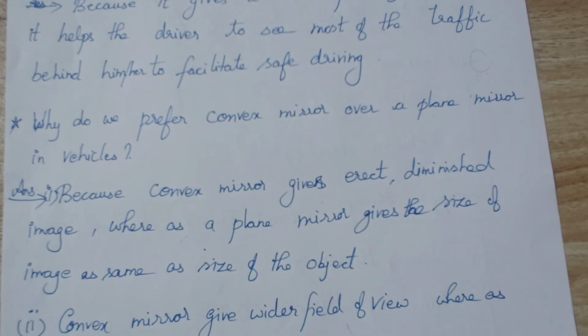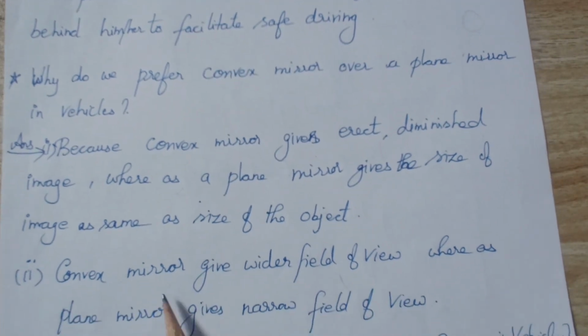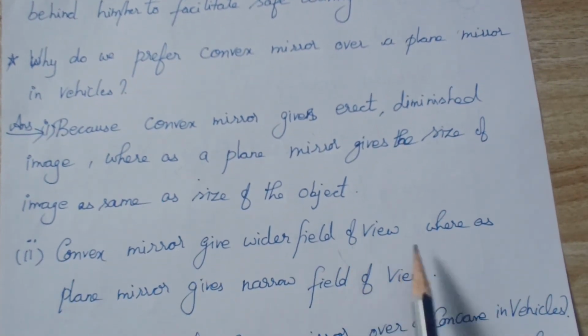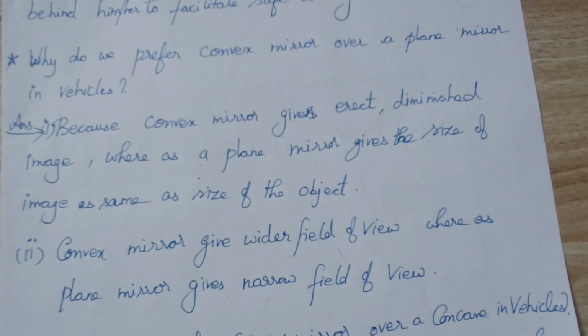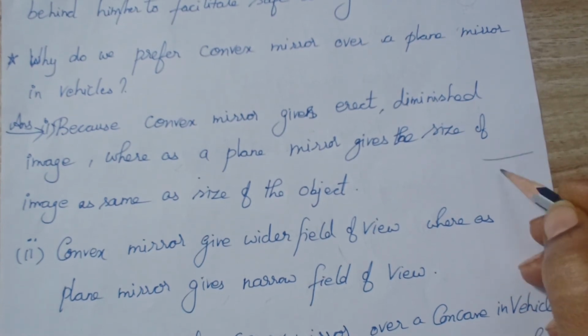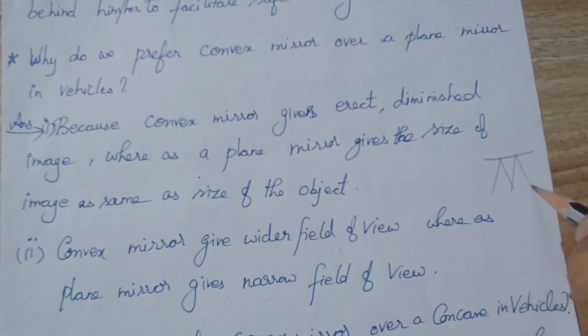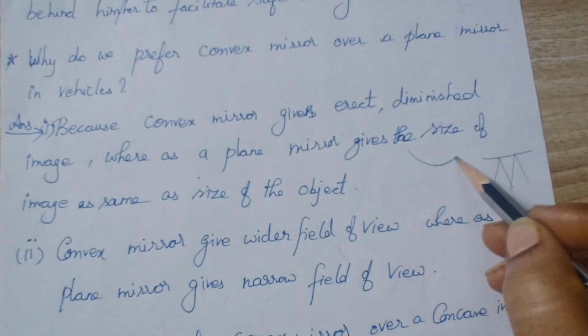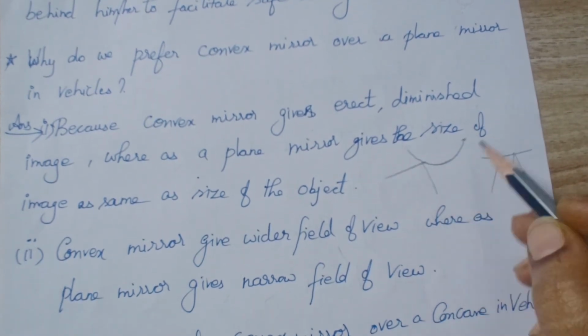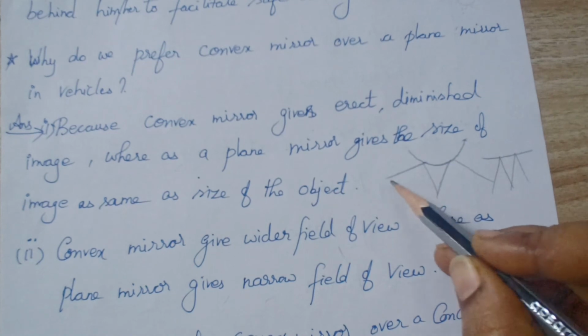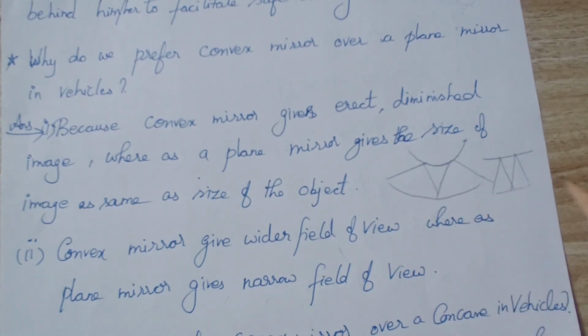You can guess like that. Also, the convex mirror gives a wider field of view, whereas the plane mirror gives only a narrow field of view.